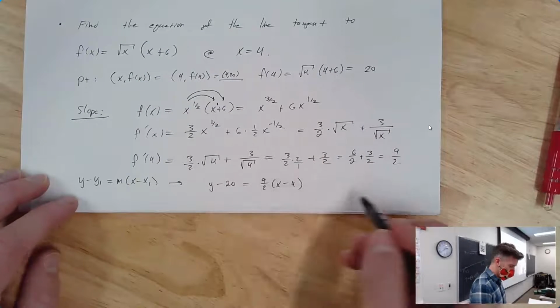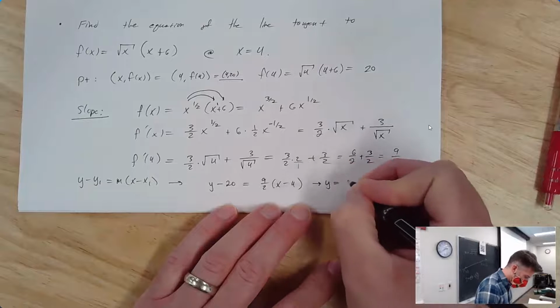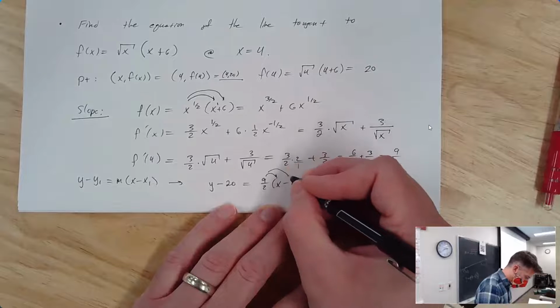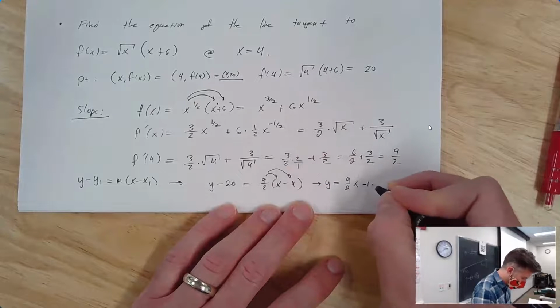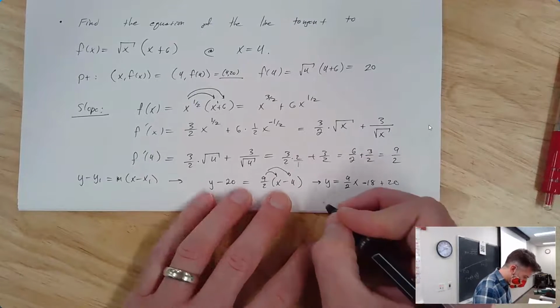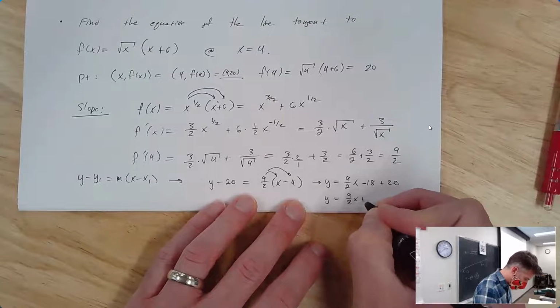I would prefer to leave it like this, but if we have to solve for y, we have y equal to 9 halves times x, and 9 halves times negative 4 is negative 36 over 2, which is negative 18. Then we add the 20. So we end up with y equal to 9 halves x plus 2.